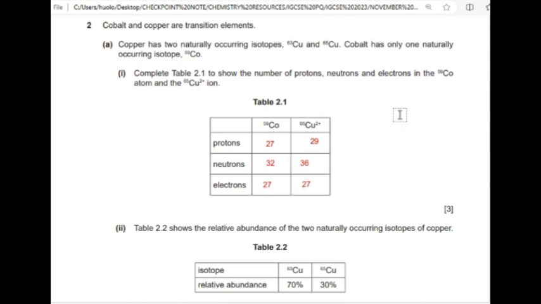Number of electrons 27. Please note that for every positive ion, number of protons are usually more than number of electrons. Positive ions are usually referred to as cations. So a cation is an ion that has more protons than electrons.